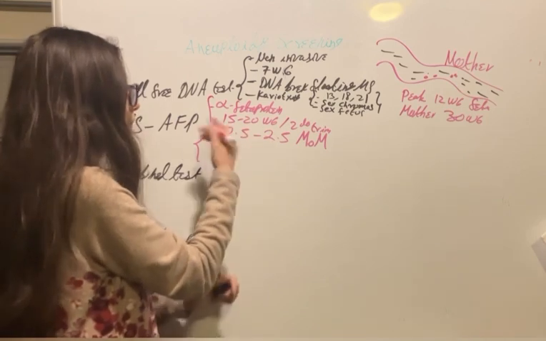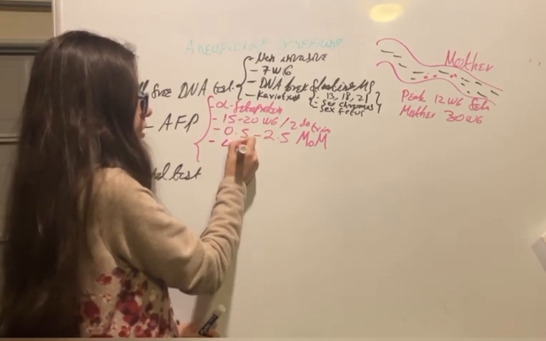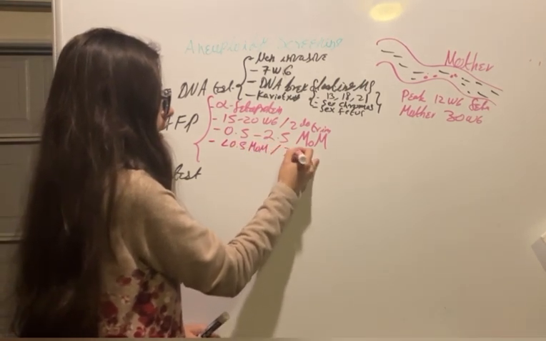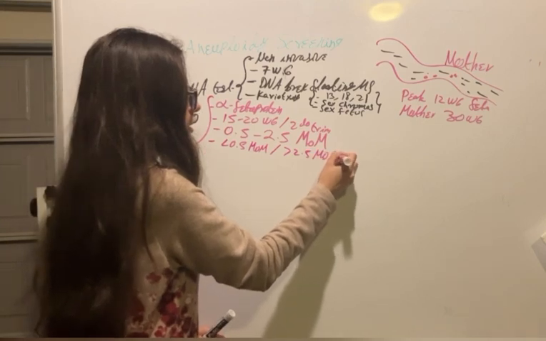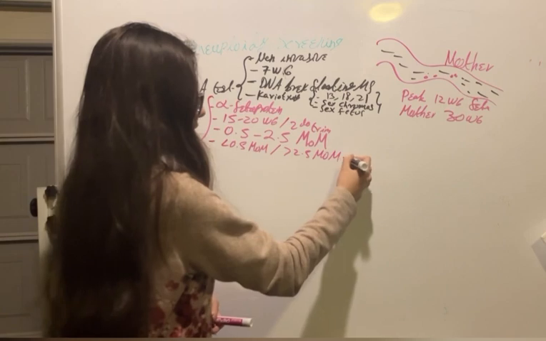If we have a result that is less than 0.5 multiples of median or greater than 2.5 multiples of median, then this is an abnormal test.